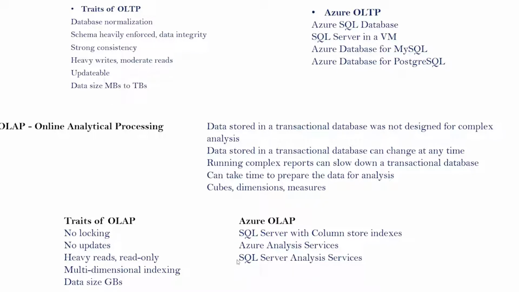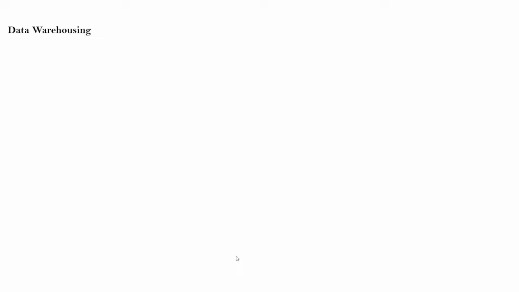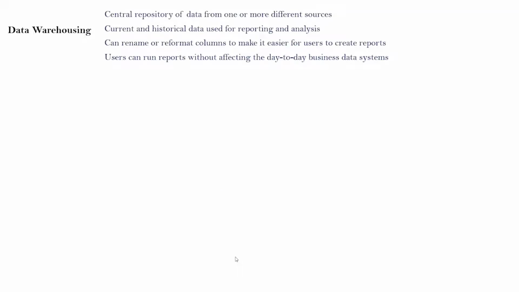So next we will check data warehousing. A data warehouse, as we have also discussed earlier, is a central repository for historical data, a large amount of data from different sources. This kind of data you need to store for reporting purposes, and for a longer time.